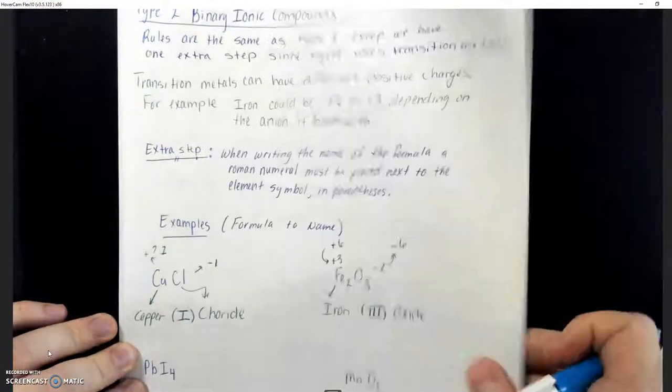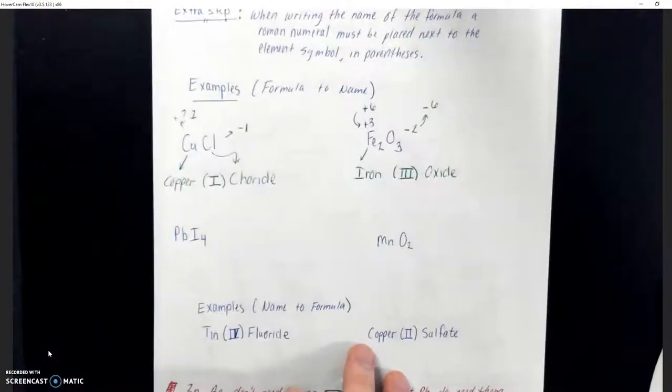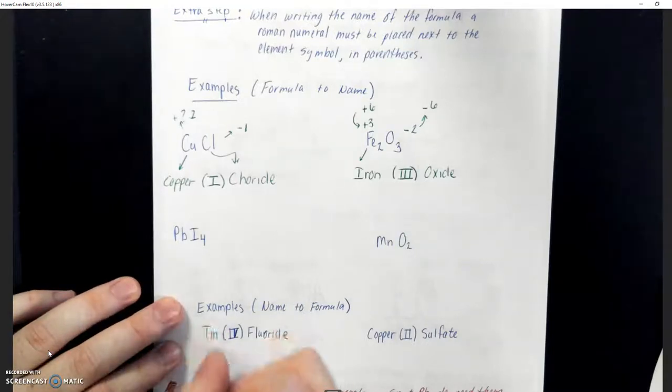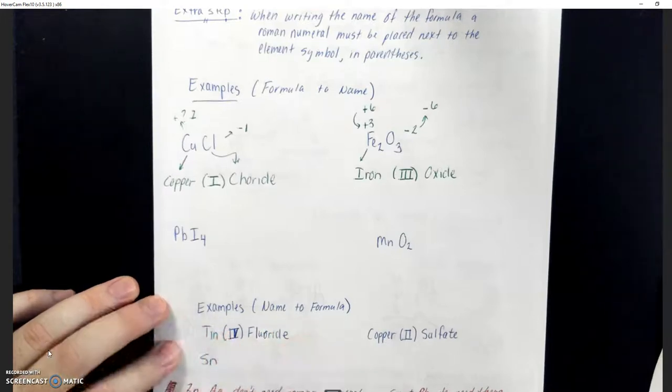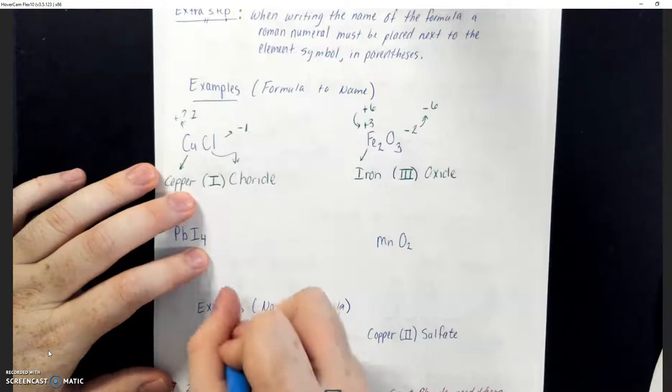You can do these 2 examples right here on your own. I now would like to switch over to doing the name to formula, and we only have a few seconds to do this one, so it'll be pretty quick. Tin(IV) fluoride. If you look at your periodic table, you'll know that tin is Sn, and you know that it has a +4 charge.